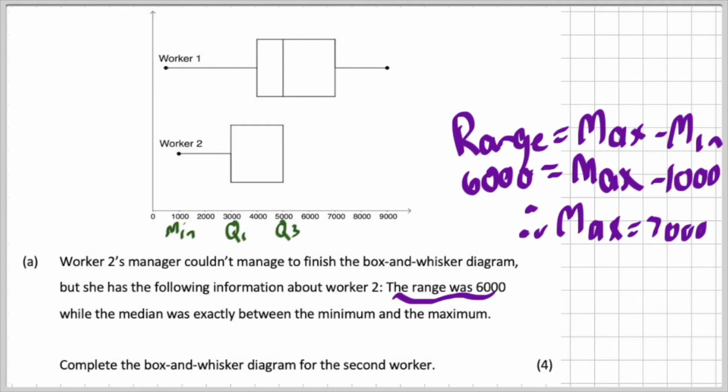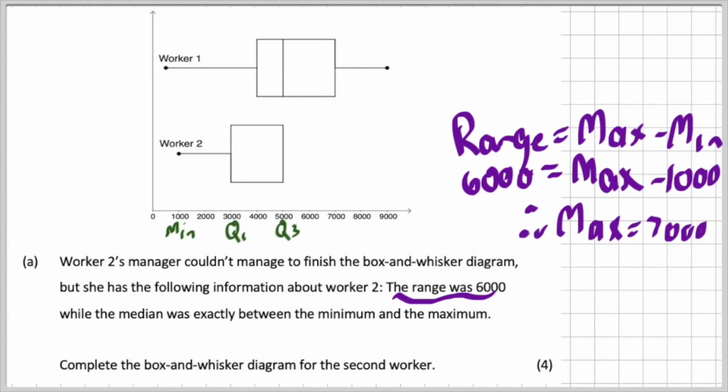You could simply say, if the minimum is 1,000 and the range is 6,000, I take 1,000 and add 6,000 to it, and I get the maximum, 7,000. You don't have to do the fancy mathematics here, but use your brain because you can do it.